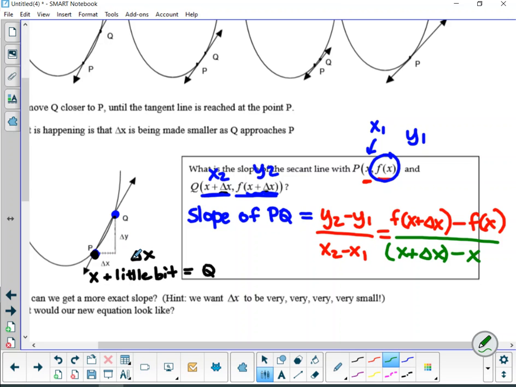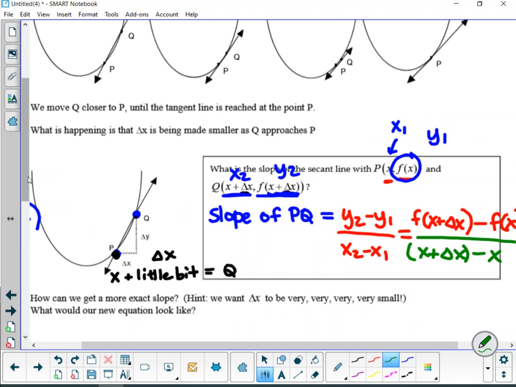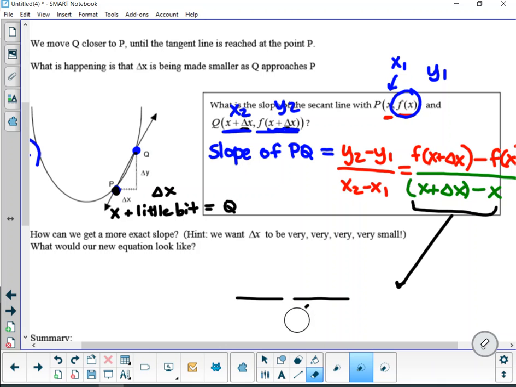So we wrote a slope, a scary looking slope. Now I'm going to clean it up a little bit. My denominator has x plus delta x minus x, so it simplifies to delta x. That's just algebra.